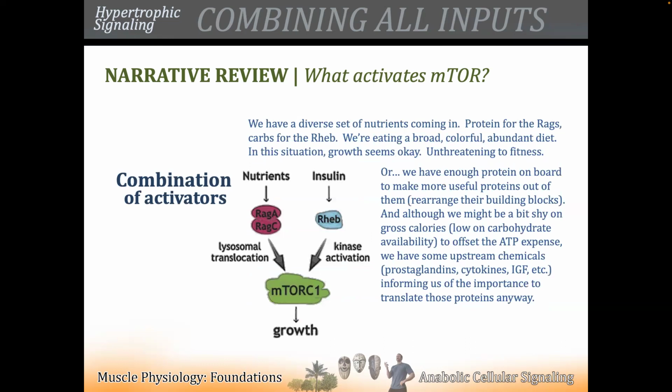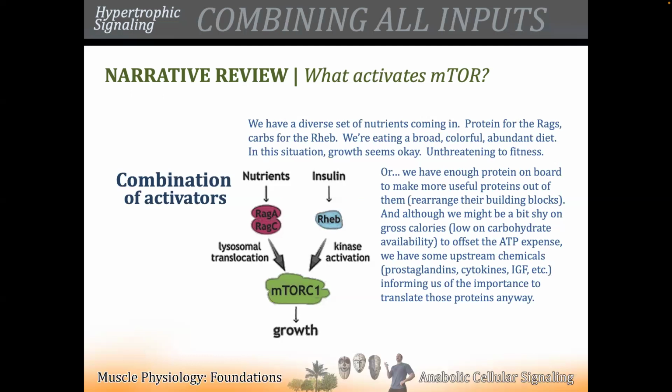And so this makes mTOR a two-key system. One key is nutrients. You need nutrients for localization, and so you need Rag to be GTP loaded. The other key is PI3K activation: hormonal, chemical, mechanical stimulators of growth. These keep Rheb GTP loaded.